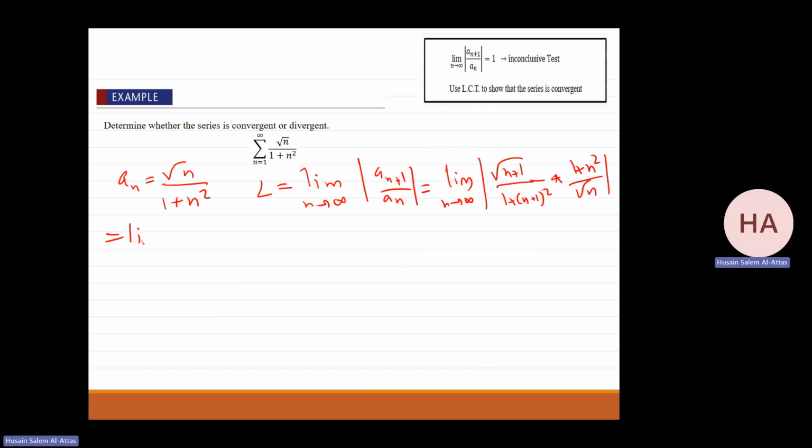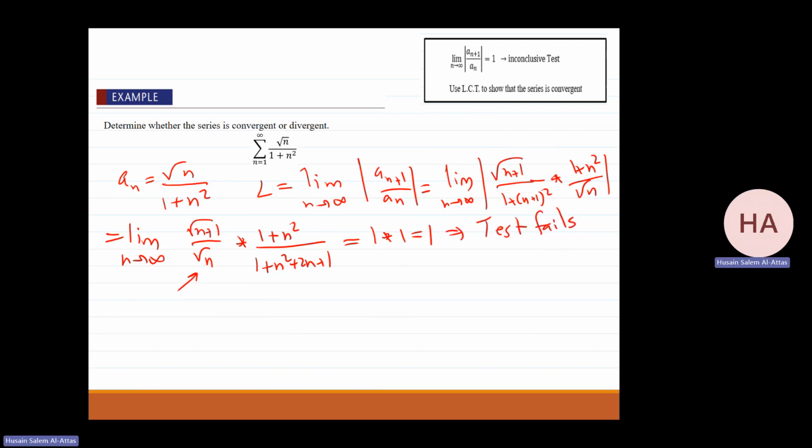That will be the limit as n goes to infinity, be careful here, square root of n plus 1 over 1 plus n plus 1 squared, times the reciprocal of this. Everything is positive. I think we did this before. It's 1 times 1, so 1. So the test fails. What I would do is a limit comparison test.